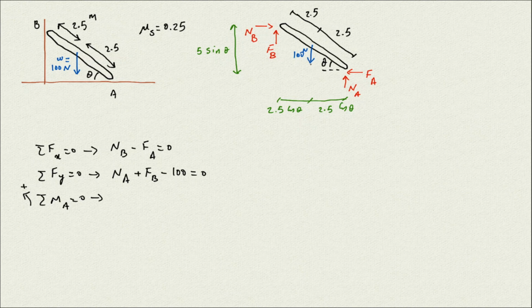So I will go ahead and write these other forces. If I start with NB, then the normal distance between NB and A is 5 sine theta.